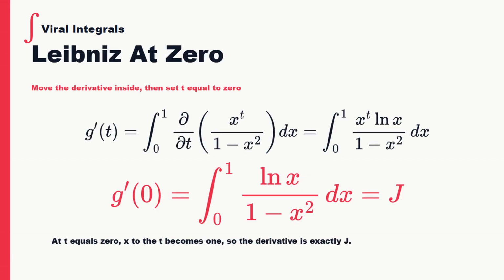Taking the derivative of g directly using the Leibniz rule for differentiation under the integral sign gives the following. If we take the partial with respect to t of the integrand, the only thing that changes is we add a natural log x to the integrand. And then if we evaluate g prime at 0, we will recover j.